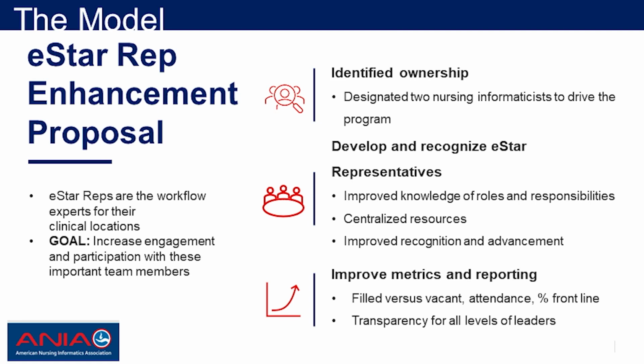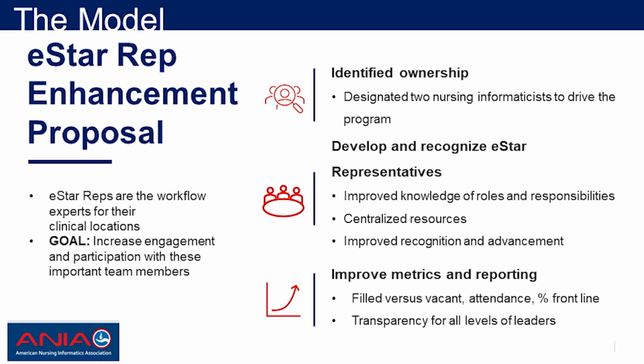So we worked on their roles and responsibilities, developed an orientation program for them, and developed some lunch and learns to build their skills. We also developed a way to track their attendance. We had some leaders in those roles, and we wanted more frontline staff, people who actually use the system day to day, in our committee meetings making those decisions.